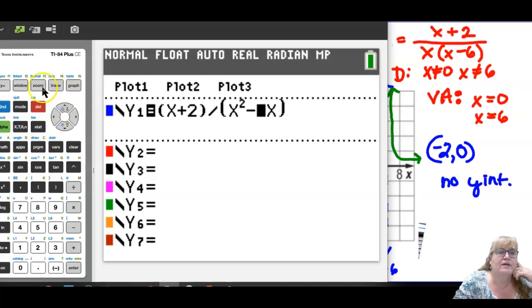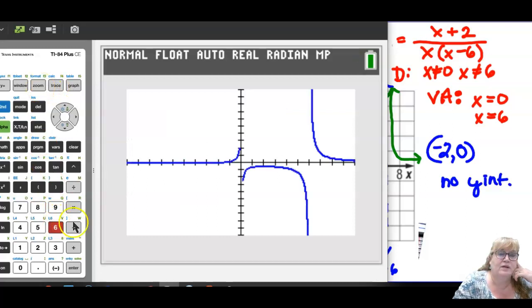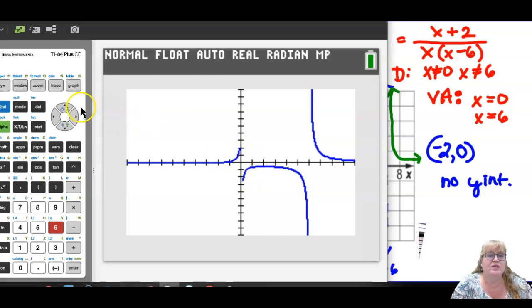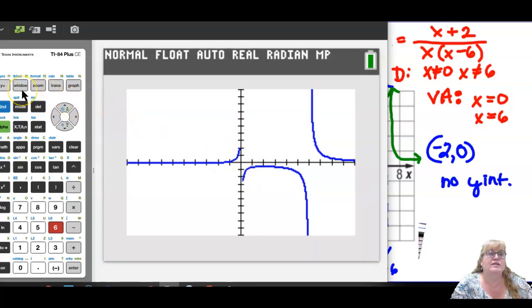All right, and then you could try a zoom 6. Now, this looks like it stops here, and it looks like it stops here. It doesn't actually stop. It's because there's no room for it to show you that it's going almost vertically. It's very confusing if this is all you graph, okay? You have to know those features that we talked about.